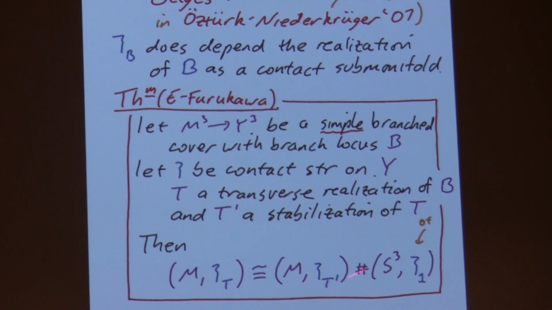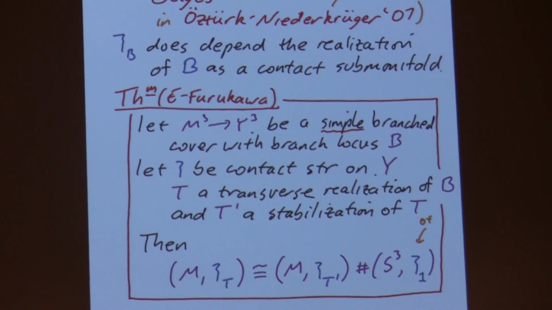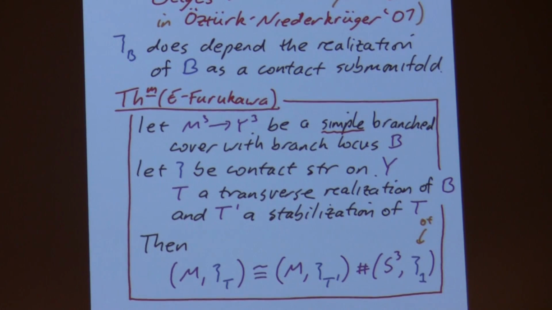All right, great. Rio and I were studying this problem. By the way, notice this contact structure ξ_B doesn't depend just on the branch locus. It depends on the realization of it as a contact submanifold. So if you take a different realization of this as a contact submanifold, you might get a different contact structure. And in fact, here's a nice simple example of that. Remember, in dimension 3, a contact embedding is simply a transverse knot.